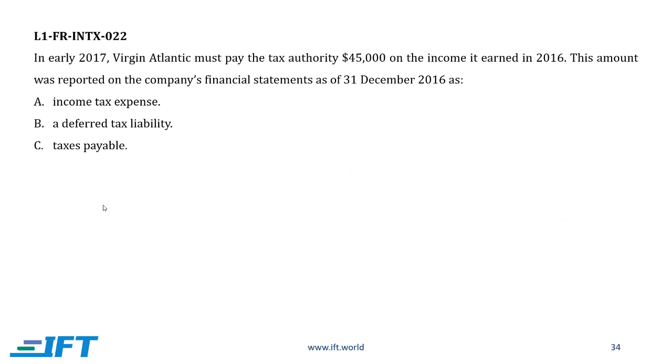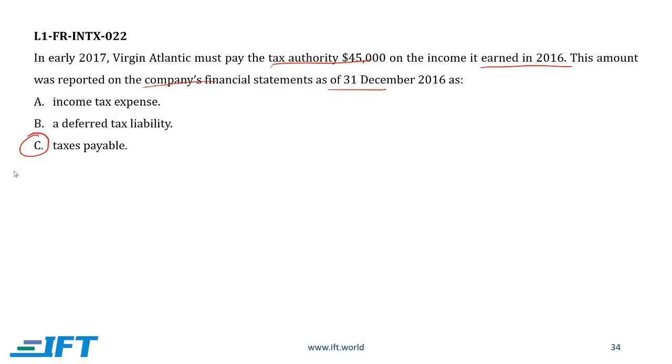Question number 22. In early 2017, Virgin Atlantic must pay the tax authorities 45,000 on the income it earned in 2016. This amount was reported on the company's financial statement as of 31st December 2016 as taxes payable.